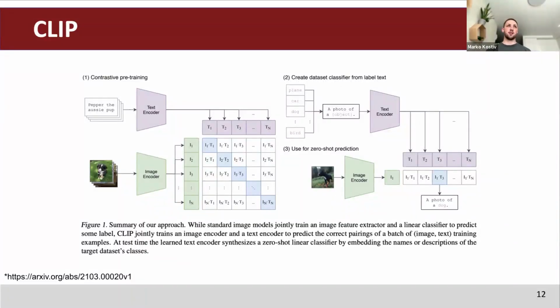So if you say, for instance, the picture of a dog in green grass, and you show this image, if you encode them both, they will be very close to each other in the latent space. And if you show the picture of the dog and say the picture of the cat, they will be far from each other in the latent space. They teach that in a contrastive learning manner.